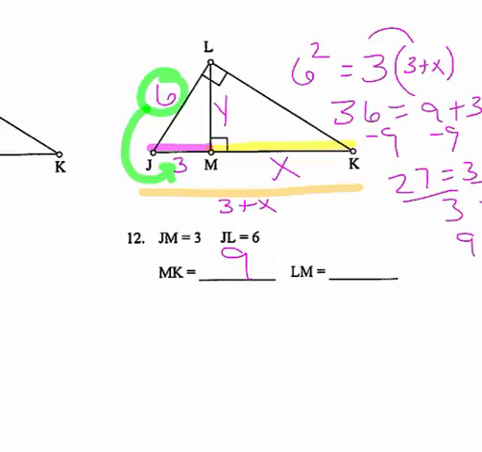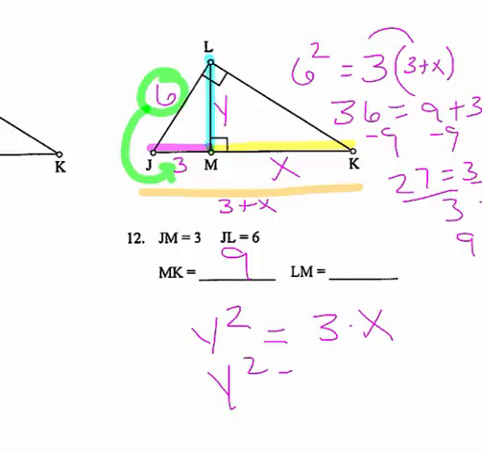So now if I need to find y, I could do the Pythagorean theorem, but I'm going to use that altitude theorem that we came up with to find y. Y is the altitude of the triangle, and the theorem says the altitude squared should equal the two parts that it created, 3 and x, multiplied together.